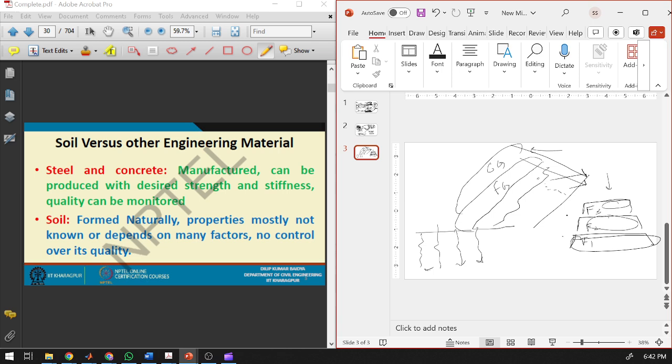So the properties, even the density, the stiffness, the friction angle, not the friction angle, but yeah, the properties that are attributed to the unit weight will be different for this layer and they'll be different for this layer. And as you can see, that void ratio will be different.